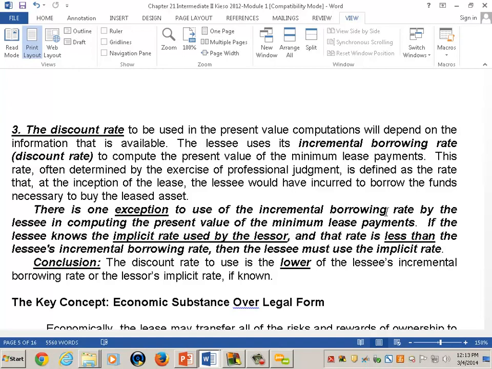Now there's a couple of other reasons for it too, but the FASB thought that if I gave you the choice and you picked the higher rate, it lowers the PV and it could understate the liability. So from the standpoint of conservatism, the lower rate increases the present value and avoids understating the lease liability.